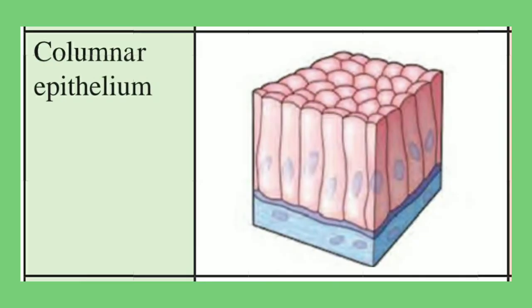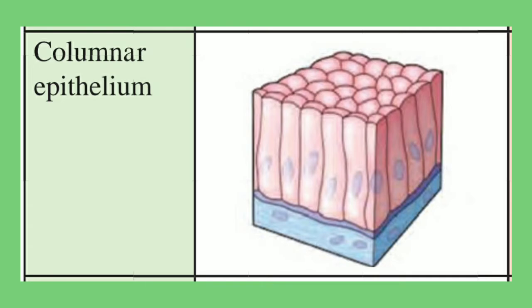Next we have columnar epithelium. Now children, these are present in the inner surface of intestine, alimentary canal, and more. As you can observe the picture, the structures are like column-like tall cells.